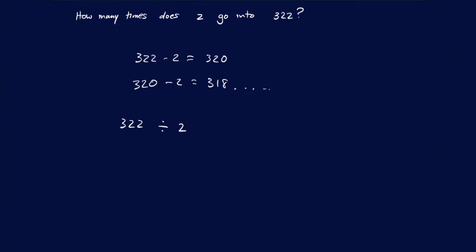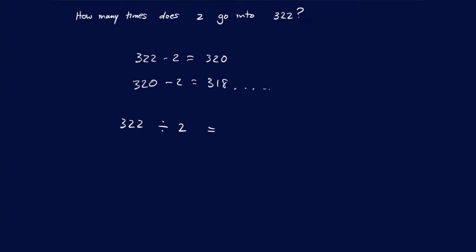Now the first step to writing out a long division statement is to understand which number you are taking away from which number. So in this case, we're going to figure out how many times we can take away 2 from 322 to get 0. And we're going to do that using long division. So what we want to do is write the long division statement like this.